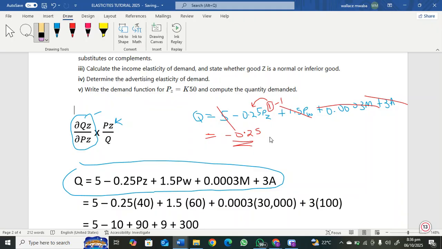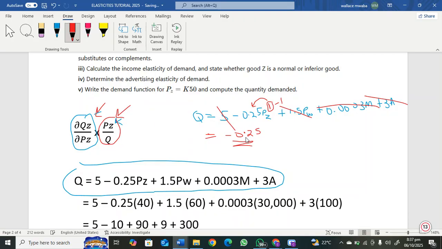But the shortcut, as I said, is just remove the letters and you get your answer. Okay, so colleagues, we found this part of our formula, the partial derivative of Qz over PZ, and we need to multiply it with this part of the formula.